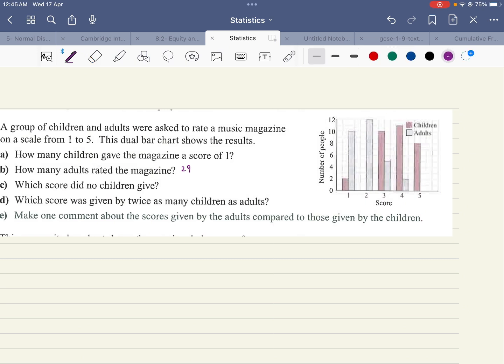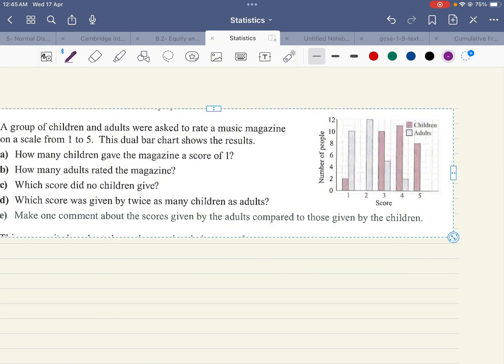Next part is which score did no children give? Score 2, because we don't have any bar of children for score 2. Which score was given by twice as many children as adults? It is this one. This is 5 and this is 10. Score 3. Make one comment about the scores given by adults compared to those given by children.